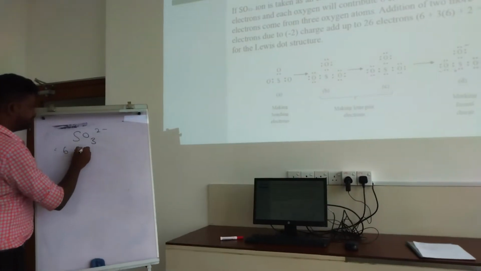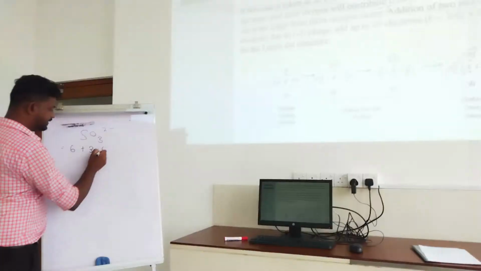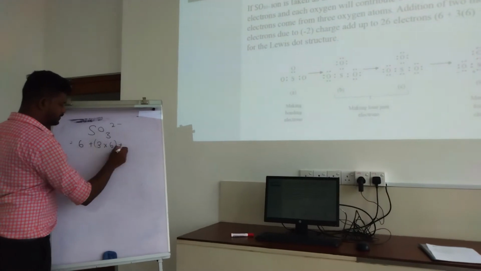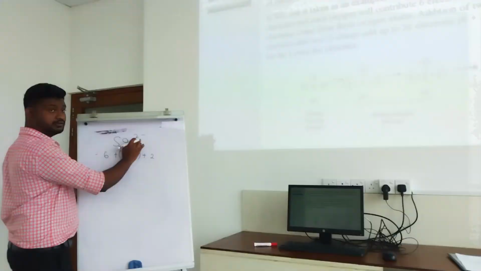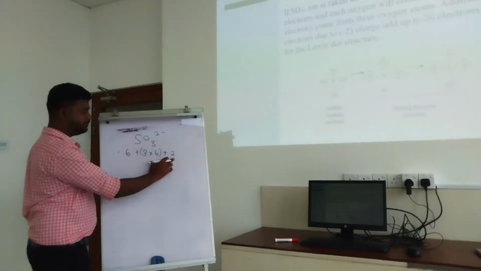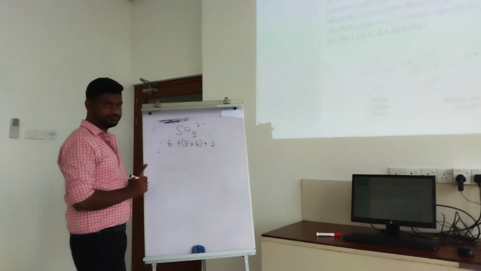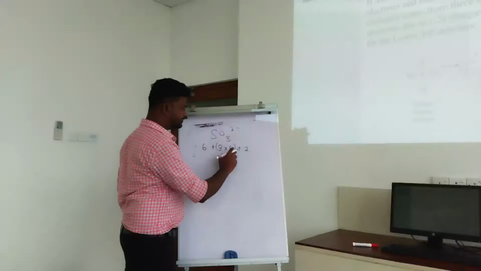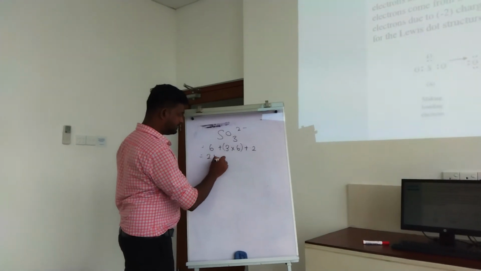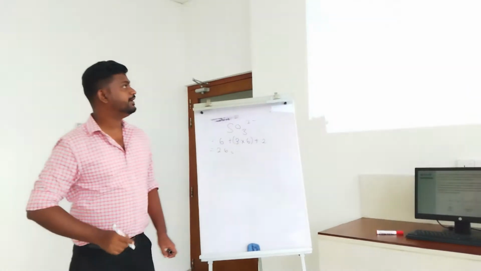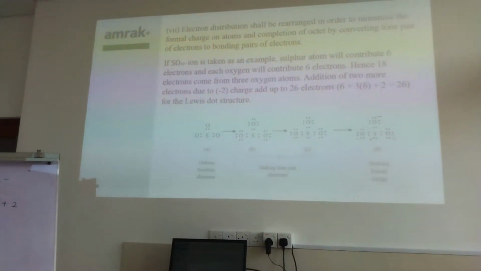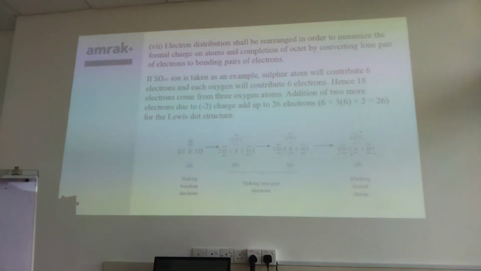Oxygen, 3 into 6, plus 2 electrons because of the 2 minus. So 6 plus 18 plus 2 is 26 valence electrons.